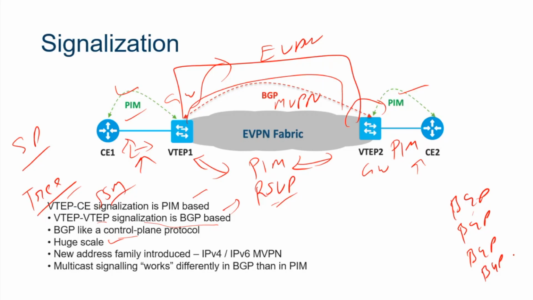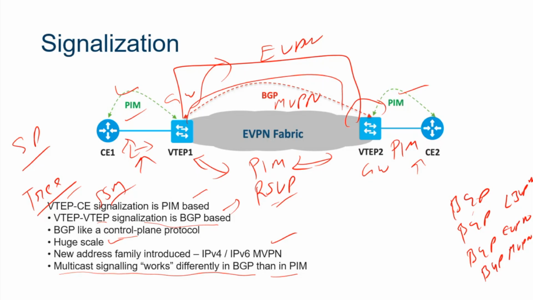Like L2 VPN, EVPN, there is this new address family that was introduced. Multicast signaling, just take a note of this point. Multicast signaling works differently in BGP than in PIM, but it is the multicast signaling because we are asking BGP to take care of our multicast.